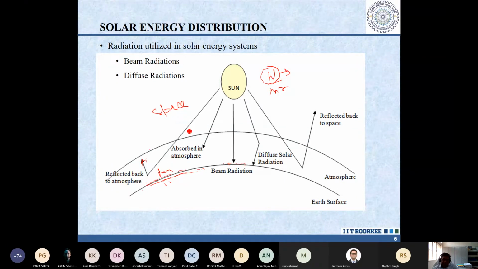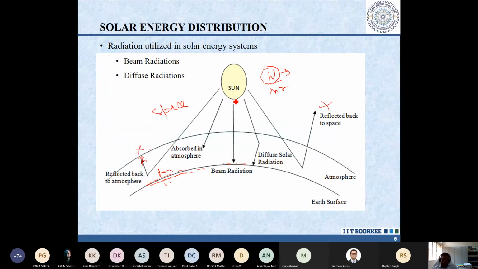So the solar radiation which is reflected back within the atmosphere may sometimes be available, but in most cases it is not. Then some solar radiation enters the atmosphere but is reflected back to space, which is also not available to me.